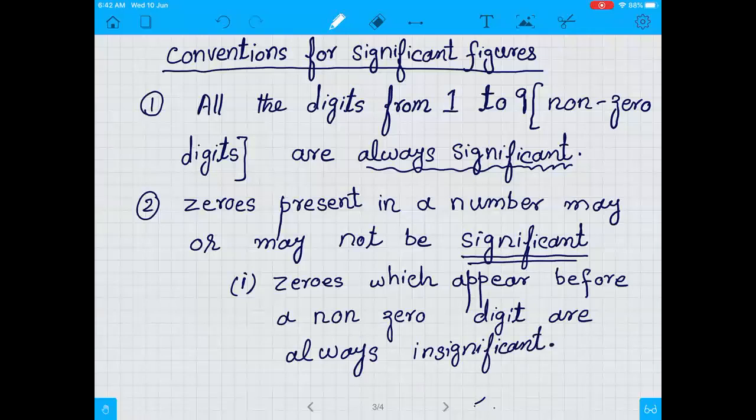So the zeros which appear before a non-zero digit are always insignificant.